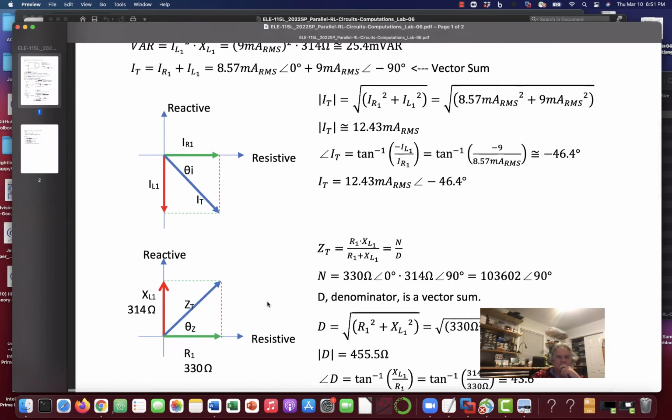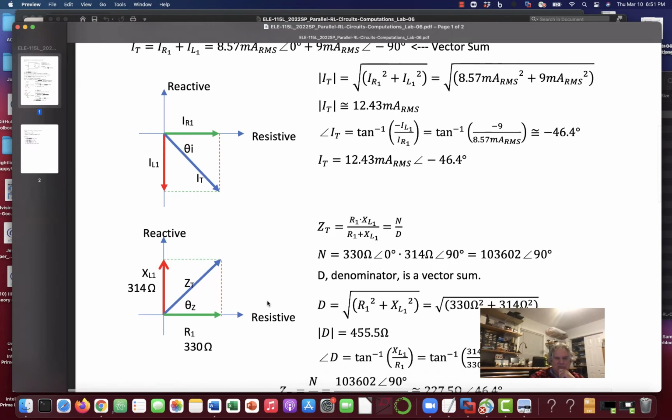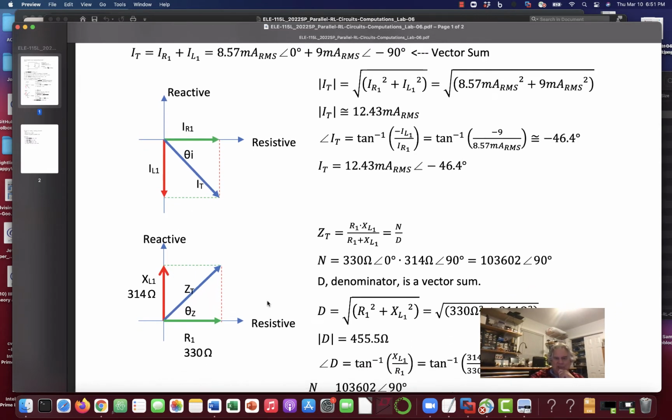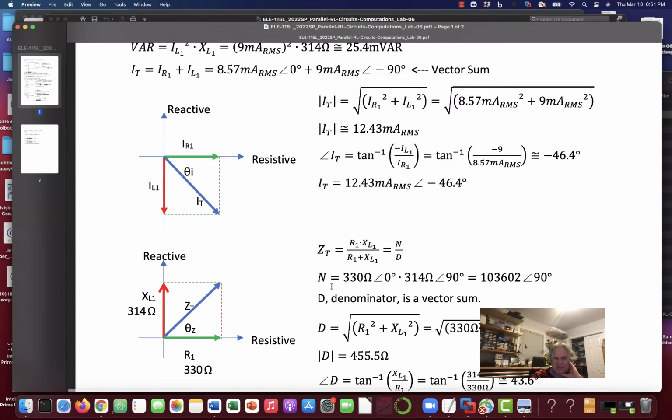And now we want to compute the total impedance, and I've got R1 and L1 in parallel, so I'm going to use the product over the sum formula, and we'll be able to check it in a minute also. ZT is equal to R1 times XL1, the product over the sum, R1 plus XL1.